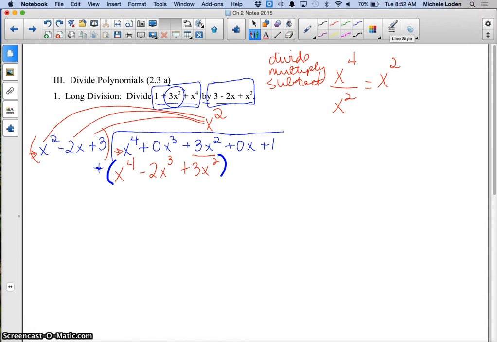So this becomes plus a negative, positive, negative. The x to the fourths cancel. 0x to the third plus 2x to the third is 2x to the third. The 3x squareds will cancel, so plus 0x squared. Bring down plus 0x.